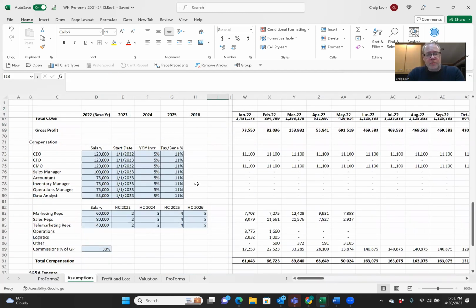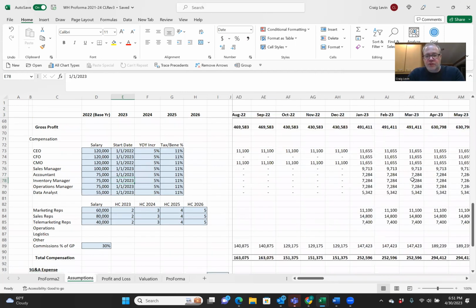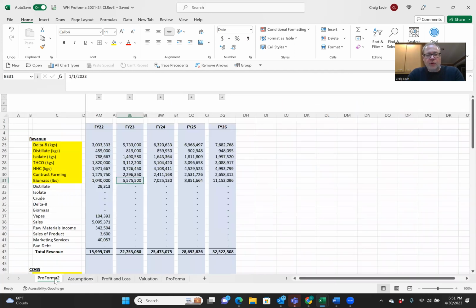So, one thing might be what will happen if you delay the start of a sales manager, or you don't bring this accountant in-house, or you delay the start of an inventory manager. You can do that. It'll change these amounts and it'll roll through to the summary of your model.